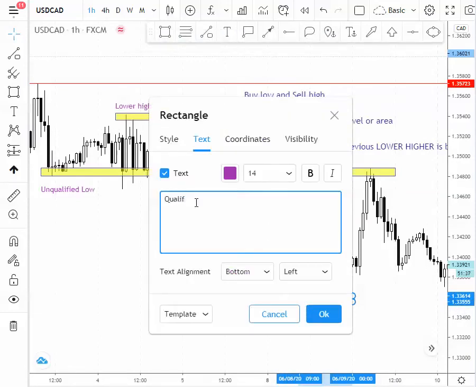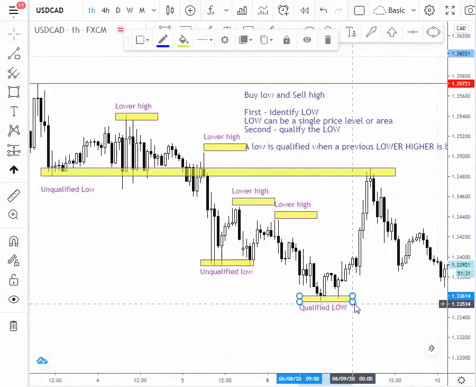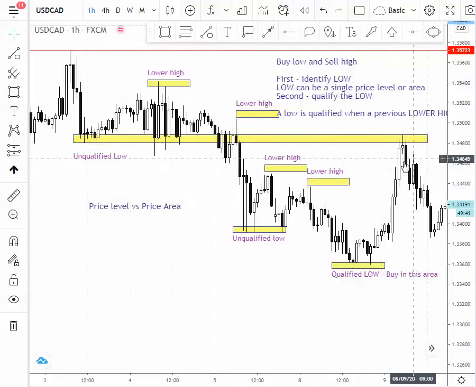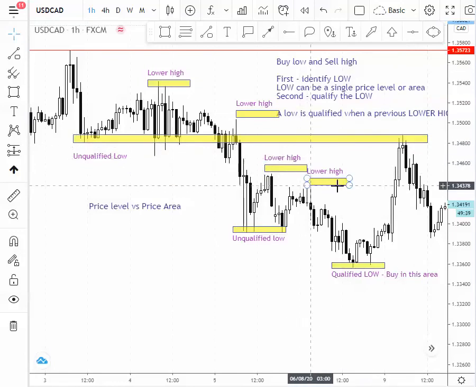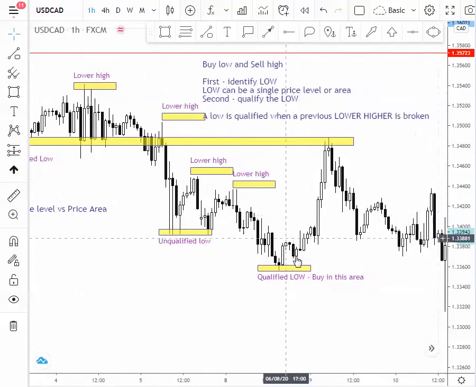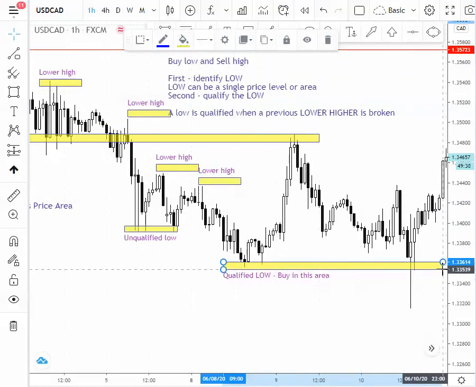So now we can say we have a qualified low. What that means is, as price comes into this area, we're looking to buy. So then price comes up here, takes out these lower highs. We have a qualified low, and we're waiting for price to come back into this area here.